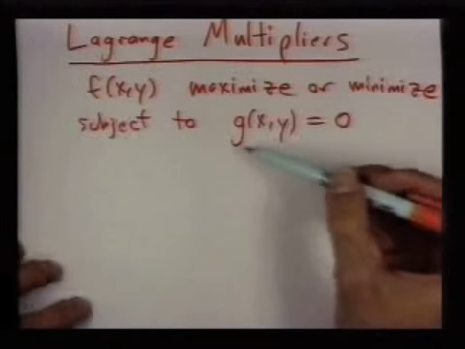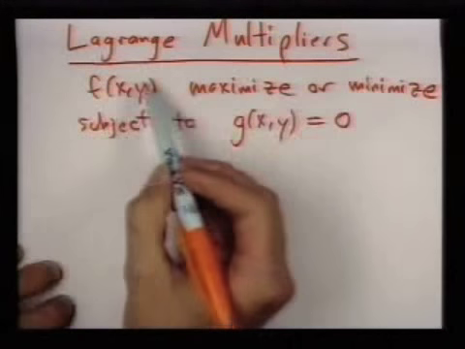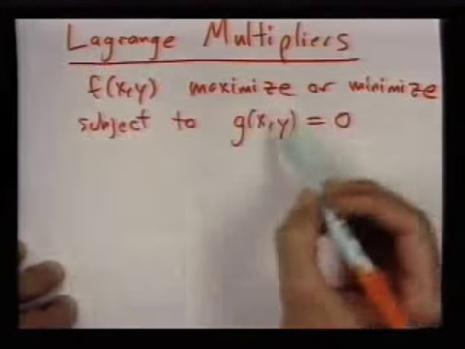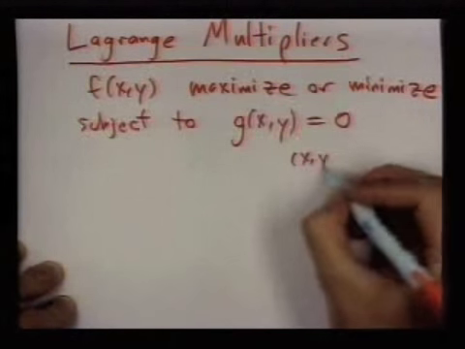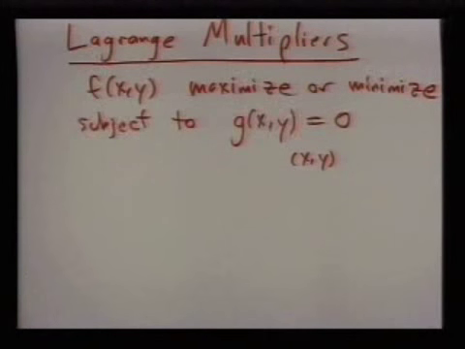So I'll write that this way as g of x y equals 0. So I want to find the biggest and smallest values of some function, but I'm only looking at ordered pairs that satisfy some equation like g of x y equals 0.